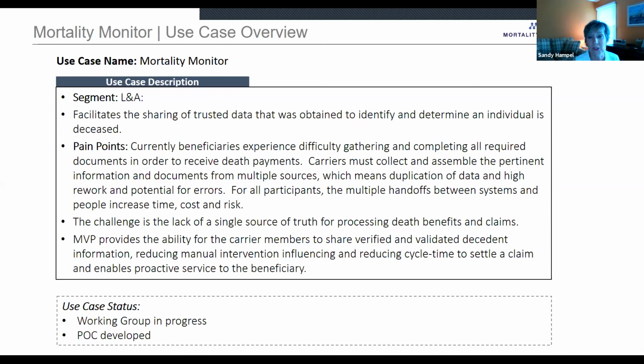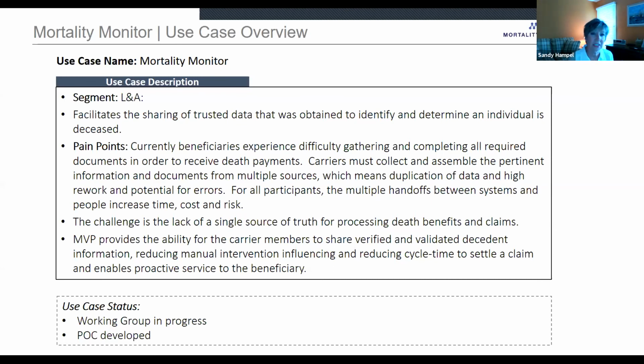So again, with the multiple handoffs between systems and people, potentially could increase the time, the cost, and the risk of processing these claims. At the end of the day, it's all about the data and the timeliness of that data, the completeness, consistency, and reliability of that data.